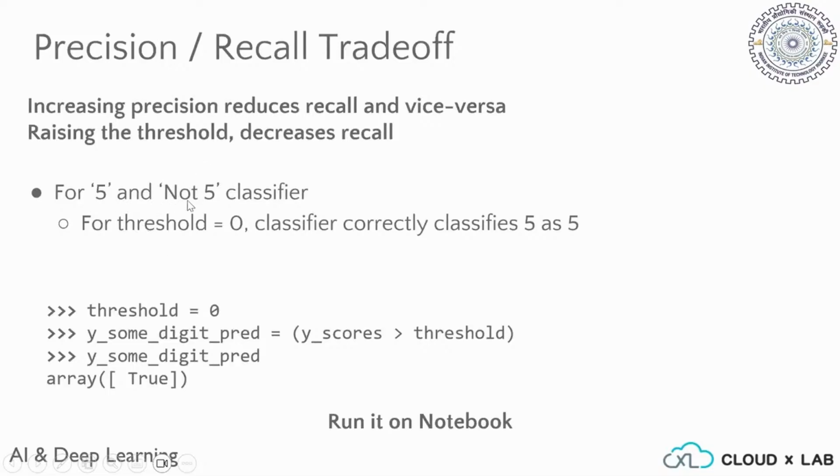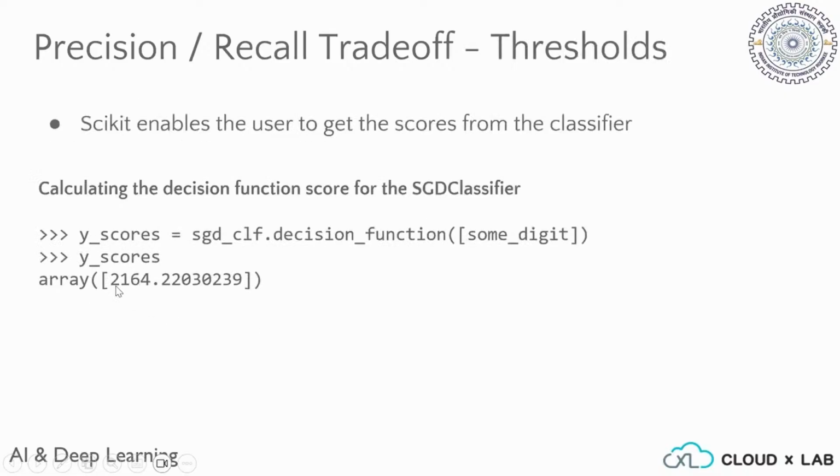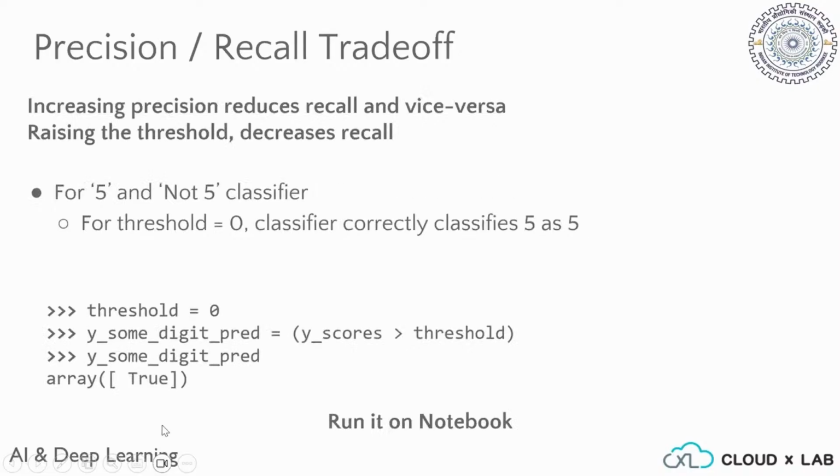So for the 5 and not-5 classifier, for this binary classifier, the threshold is 0, and if the score is greater than 0, it means the true class, the positive class. If the score is less than 0, then the negative class, right? So since in this case we are getting a score greater than 0, we are getting the true output predicted by the model, right?